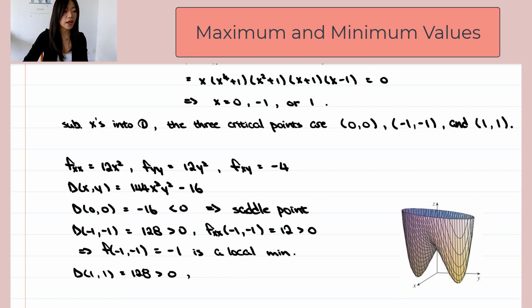And I need to verify with the second derivative of the function. So f sub xx at 1, 1 also equals positive 12. That means the function at this point is also a local minimum. And to find the value, I substitute the critical point back to the original function. And I also get -1.